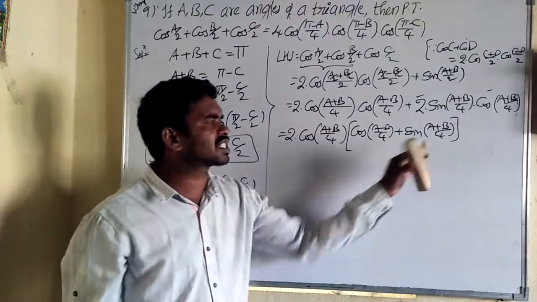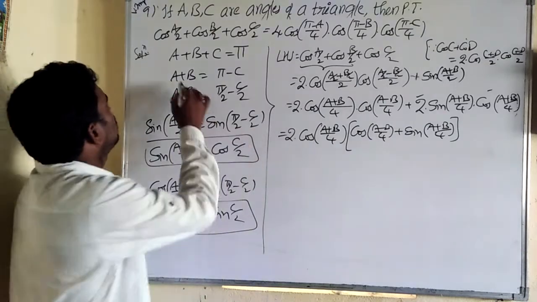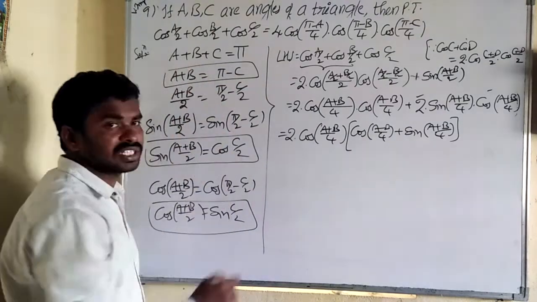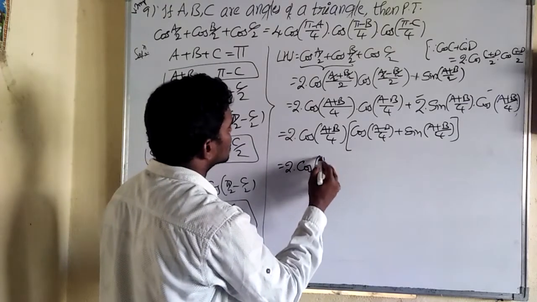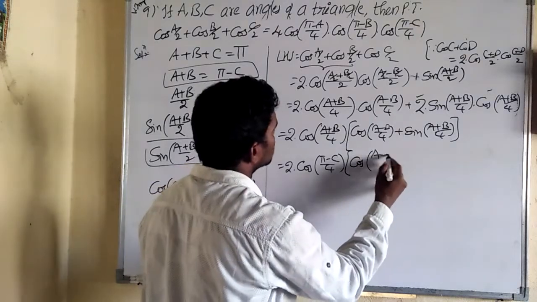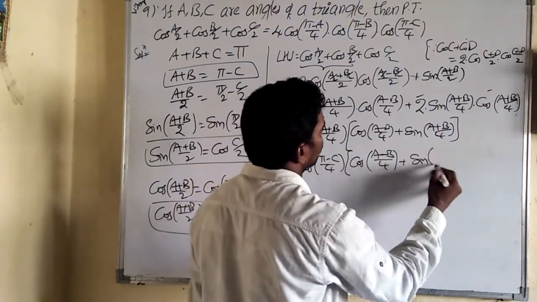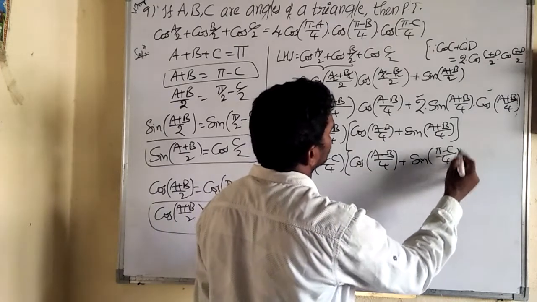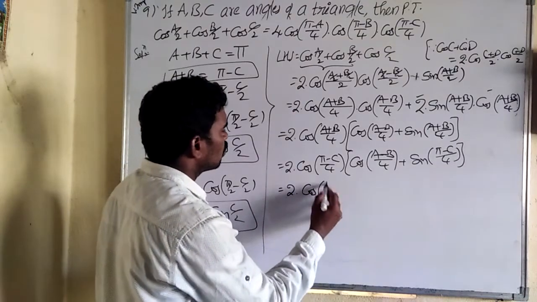This is not cos plus cos, so how? First of all, a plus b means pi minus c, am I right? So instead of a plus b, I am writing (pi minus c)/4, into cos of (a minus b)/4, plus sin of (pi minus c)/4. See, we have almost reached the solution.